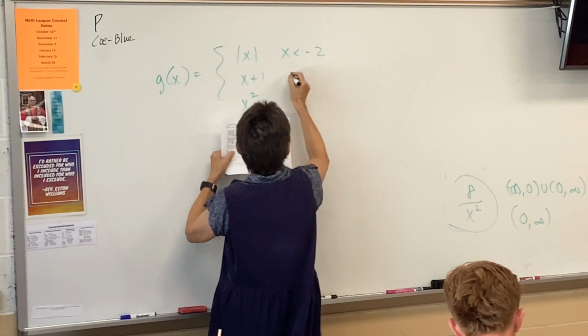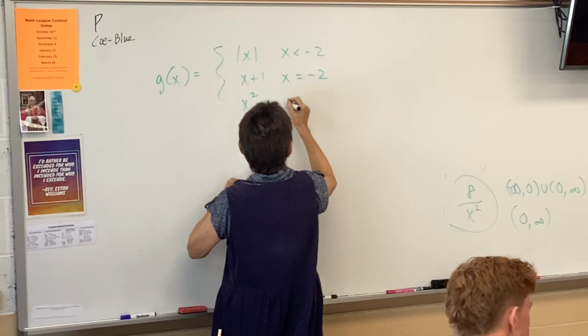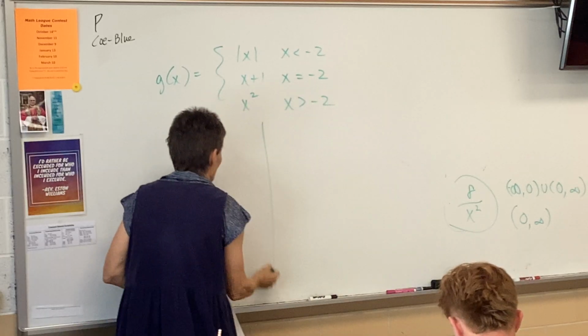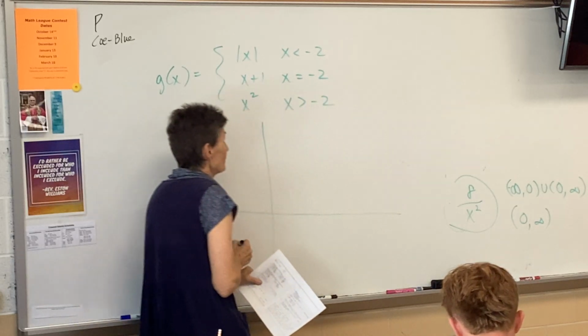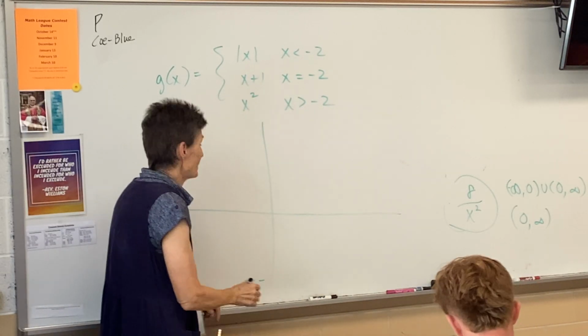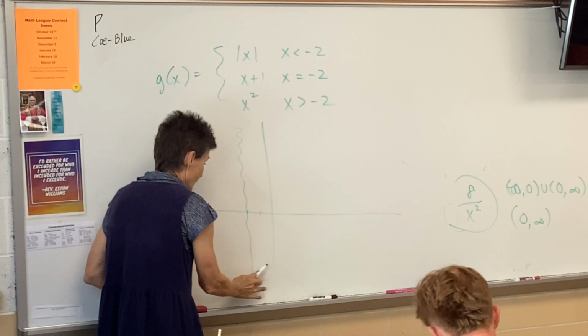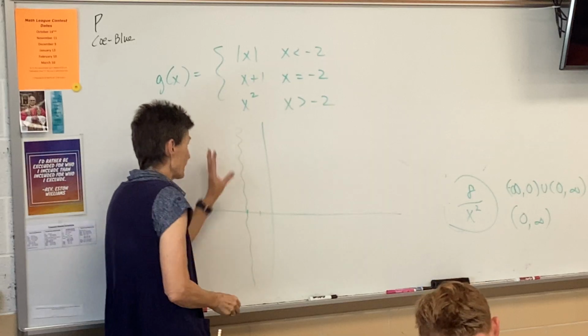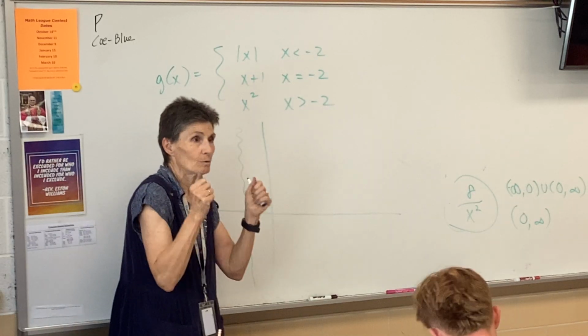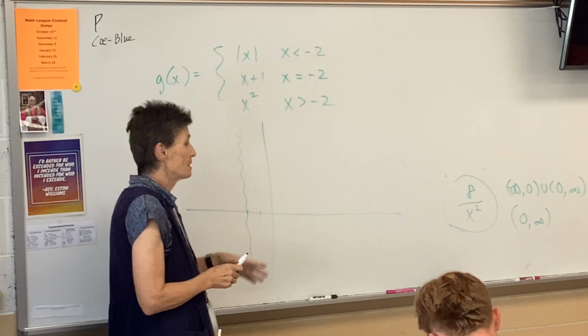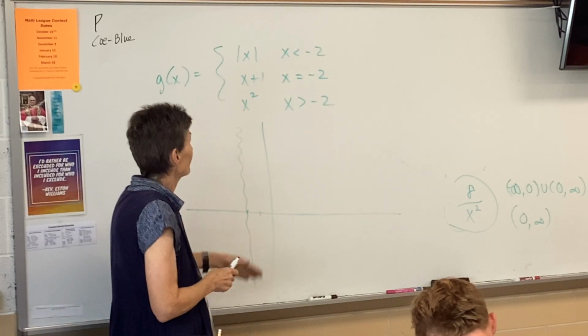Alright, this thing right here is broken, and it's broken where x is -2. So I'm gonna indicate that with that little squiggly line. It's like if you crack a plate on the floor, that's a fracture right there.